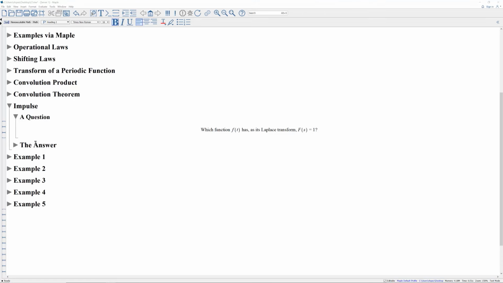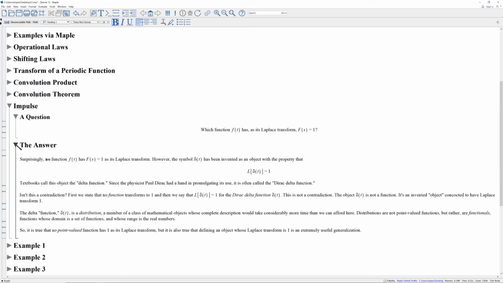Well, what's the answer to this question? The answer is there is no function f of t, no pointwise function f of t that has its transform 1. So what do we do? We invent something.